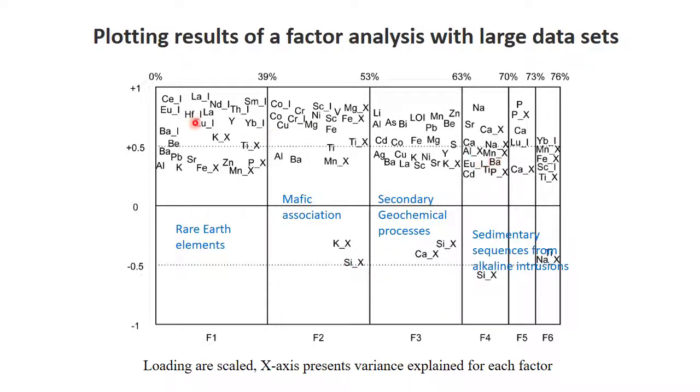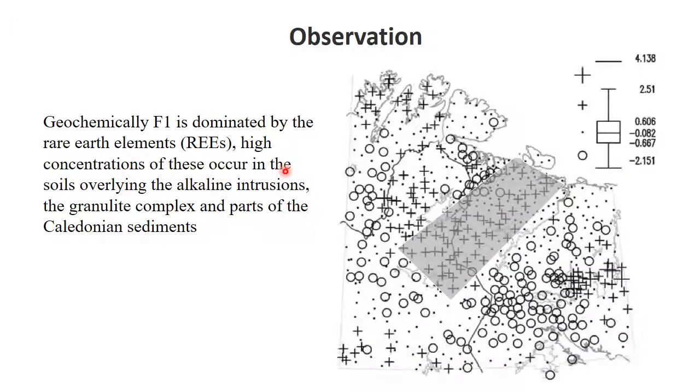And this is actually quite good news. For example, here we see these are all rare earth elements. So that means that the first factor has something to do with a process that increases or decreases the amount of rare earth elements in the system, or there's at least a variation of that. In this particular case, we can look at that in space.